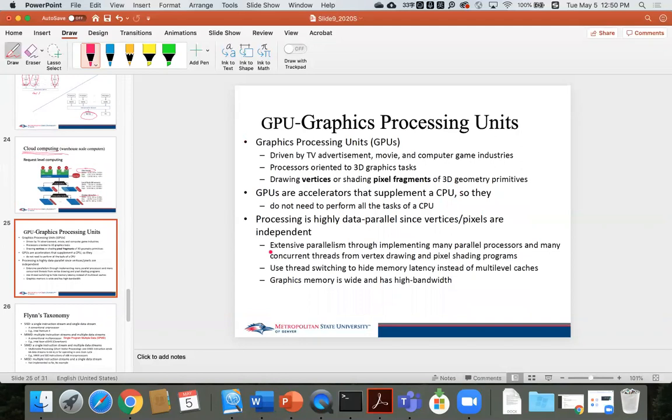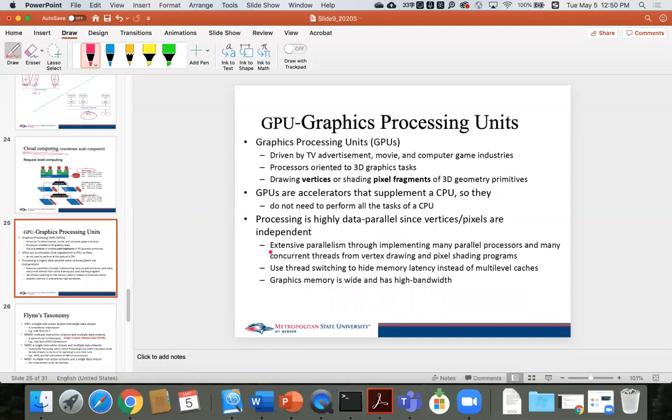The graphics processing unit, GPU, is a really powerful computing technique currently, especially for graphics and multimedia processing, because it perfectly implements data level parallelism.